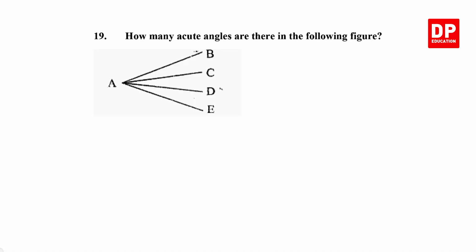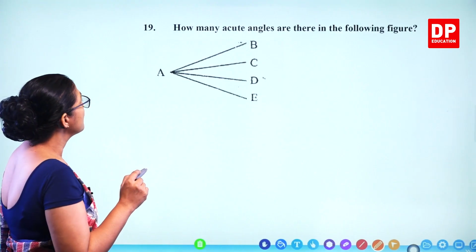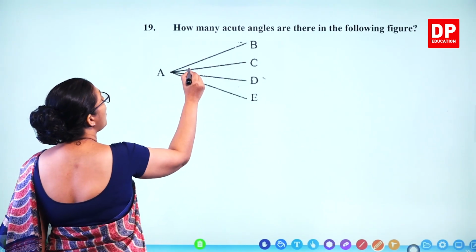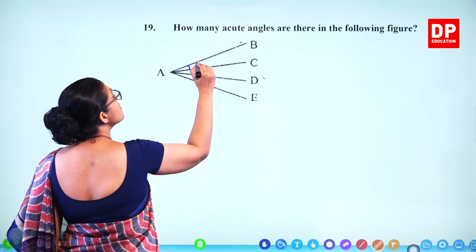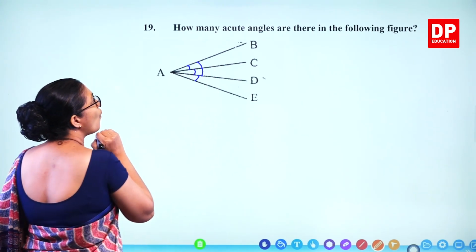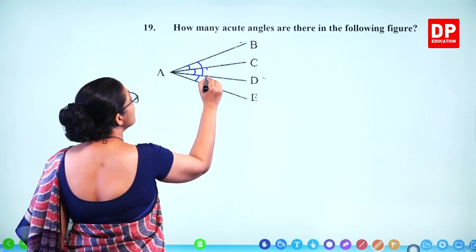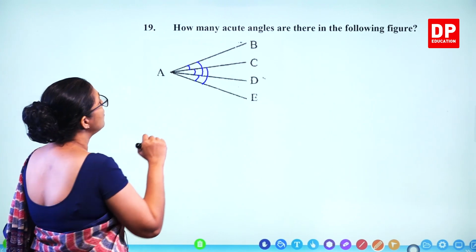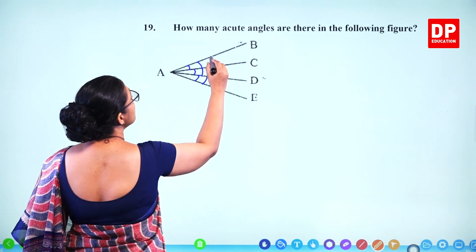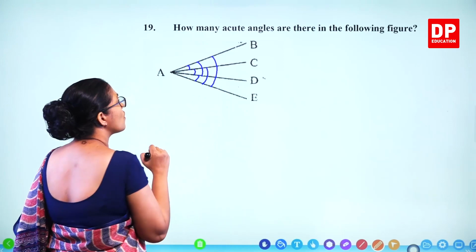Question number 19. How many acute angles are there in the following figure? So we'll count and see. 1, 2, 3. You can take this one, 3, 4 and 5. And you can take this whole thing. 6 also.